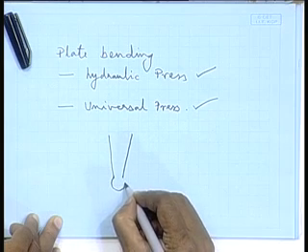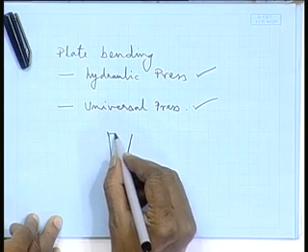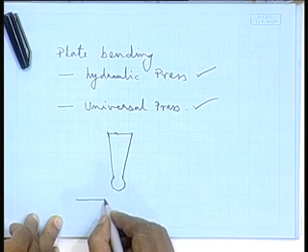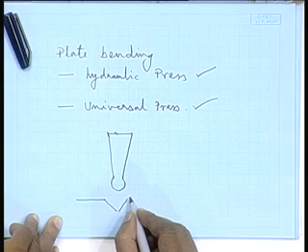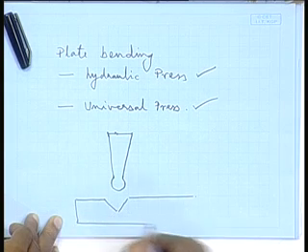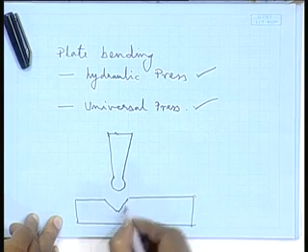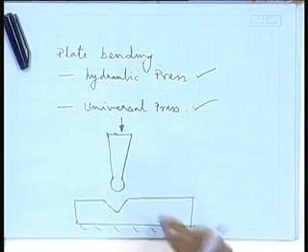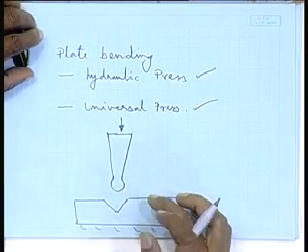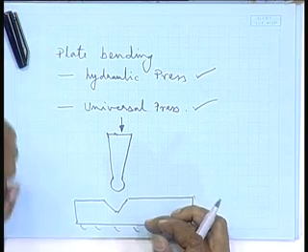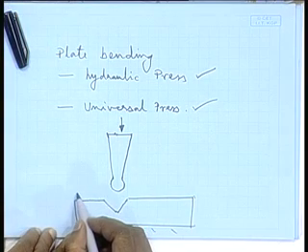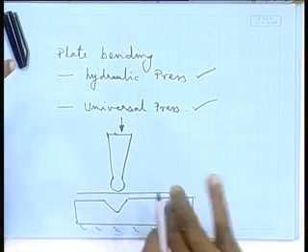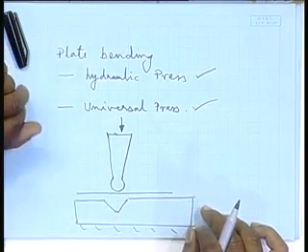Say a fixture. This upper portion is the vertical ram, which is hydraulically operated. So if we put a plate below this and apply force, the plate will bend in a V form.